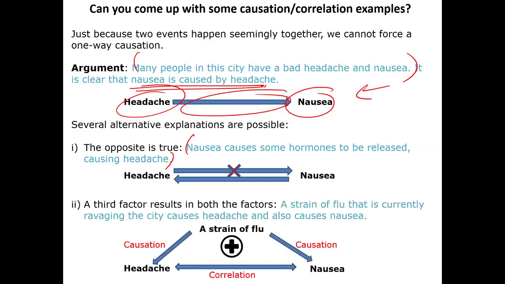Or an option that says a strain of flu that is currently ravaging the city causes headache and also causes nausea. So now what is this option doing? It is essentially establishing a correlation between headache and nausea, which means this option is challenging the causal relationship between headache and nausea.